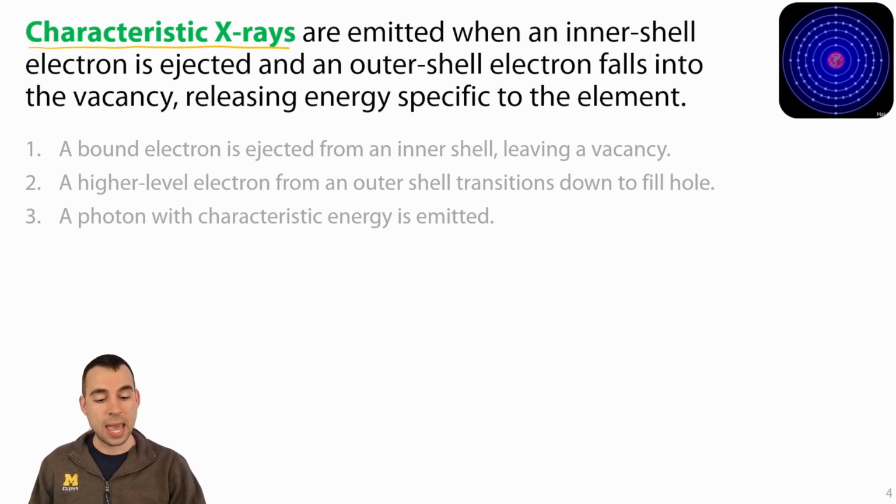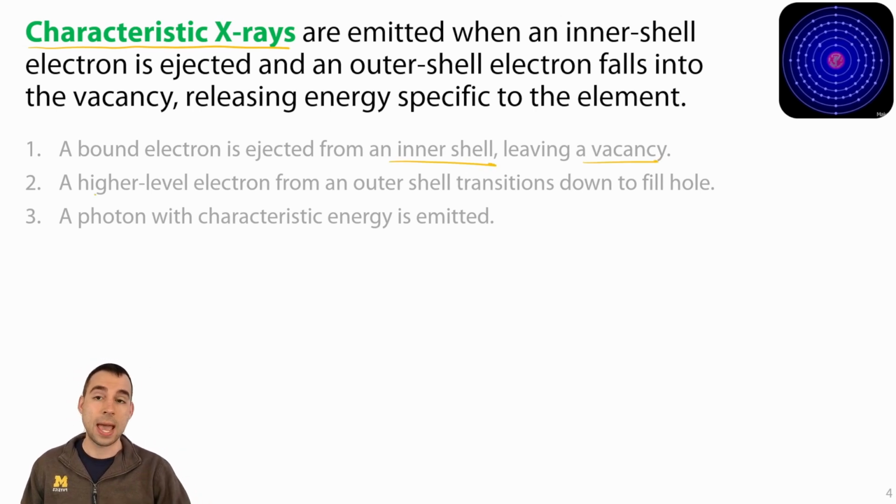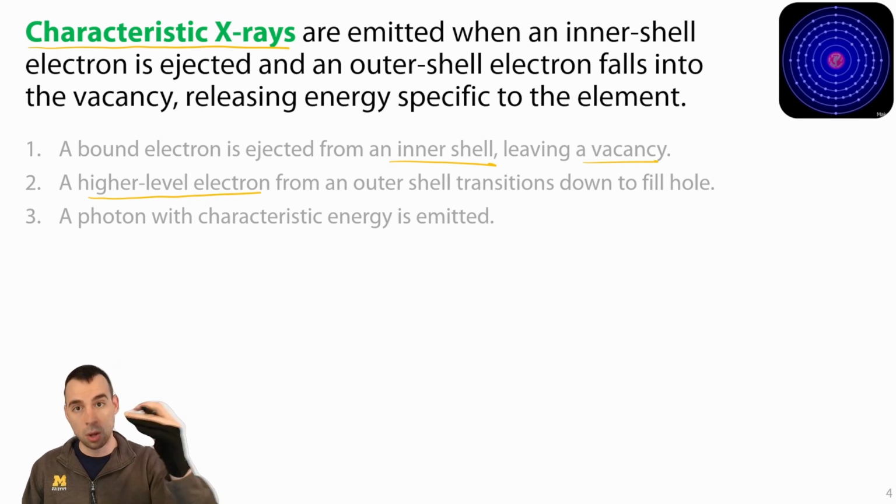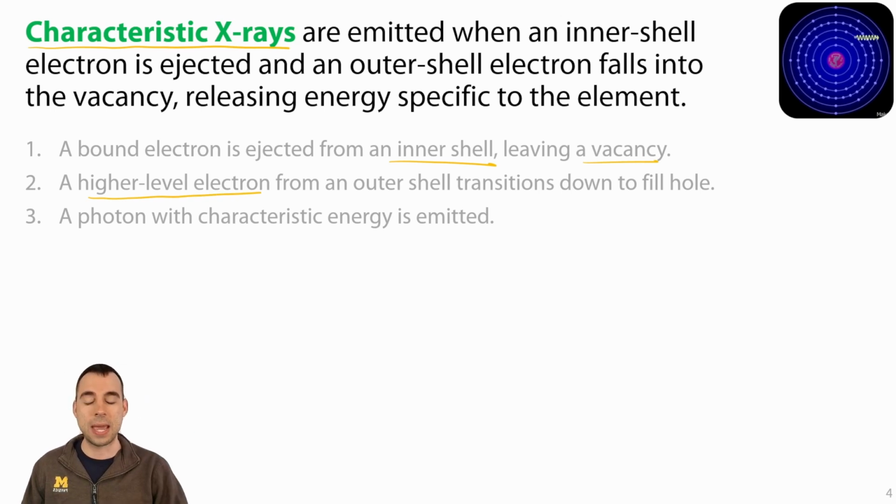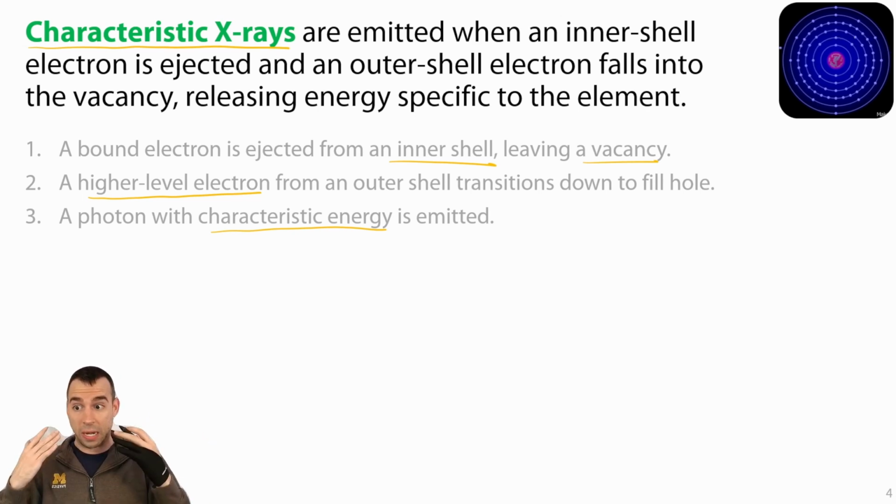So essentially, an inner shell electron is kicked out by this electron beam, leaving a vacancy, and a higher level electron will relax down into that state and emit a photon with a characteristic energy. And remember, these energy levels within an atom are dependent on which atom we're talking about, how many protons there are.